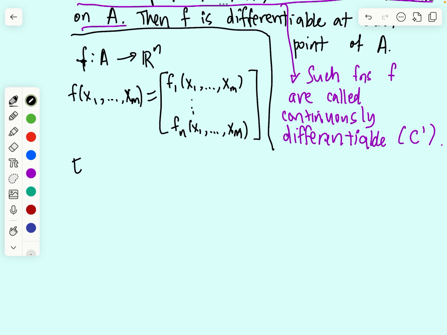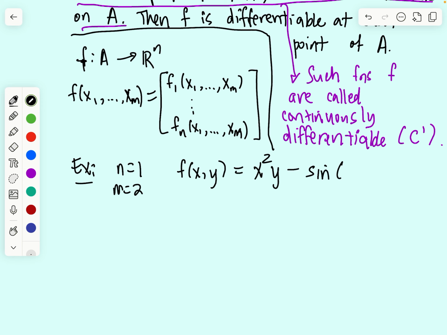So for instance, if you take n equals 1, then you have a function like, let's say m is 2, then you could have a function f of x, y equals x squared y minus sine of x y cubed, or something. If you take the partial derivatives, you see that they're continuous functions, and so f is differentiable. This function is differentiable by the theorem.